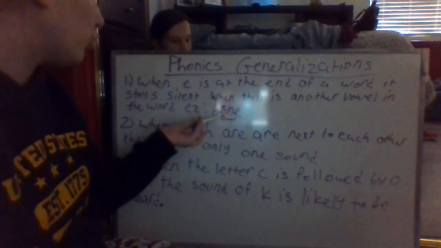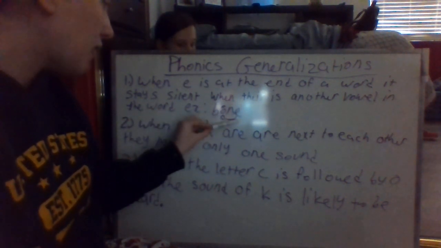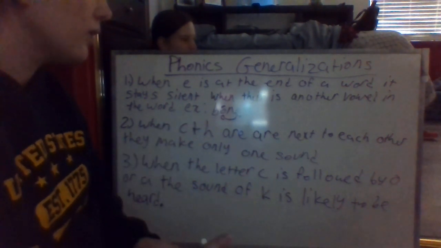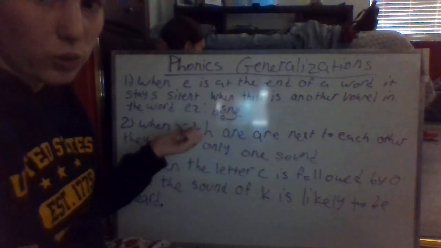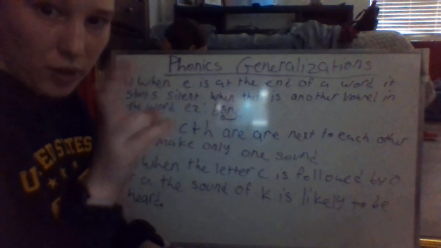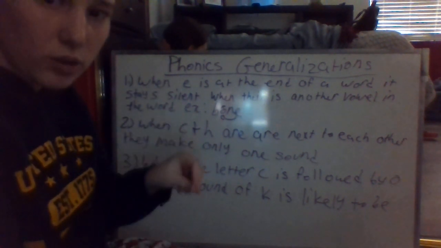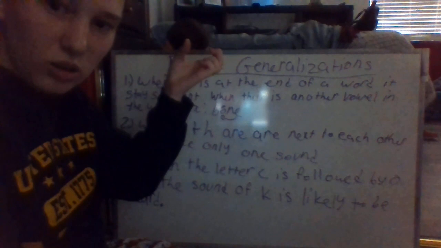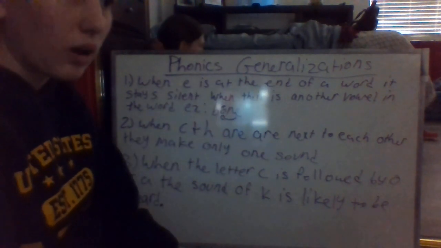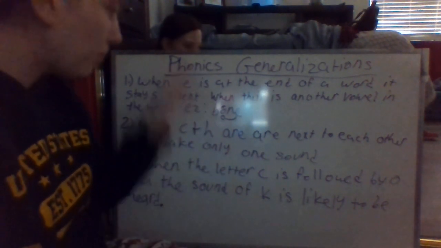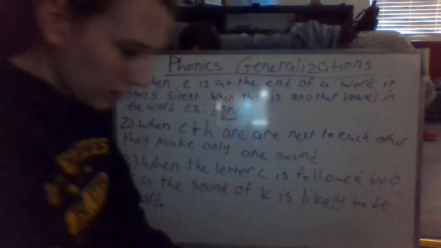Example, in the word bone, the E is silent, but you hear the long O sound. And if I want to shorten that into a fun rule for the students, I could say, if E is at the end of a word, it will pinch the other vowel. That's just the first generalization that I would use in my class, definitely.